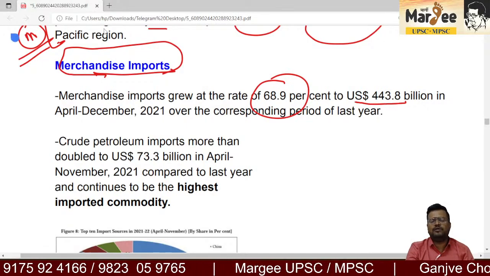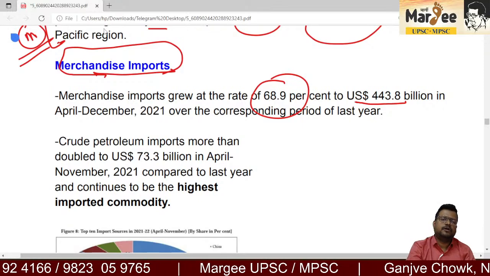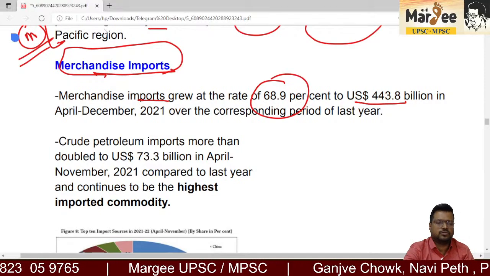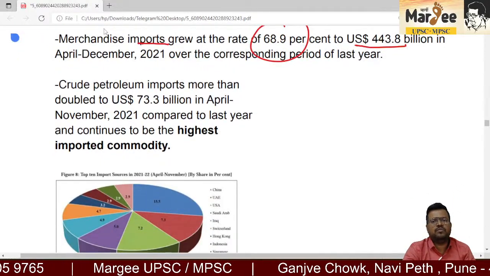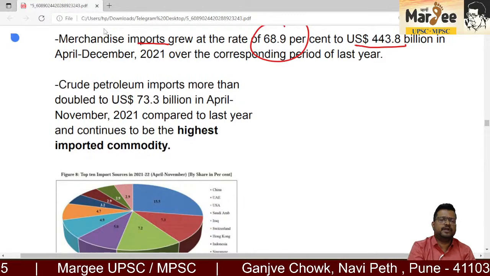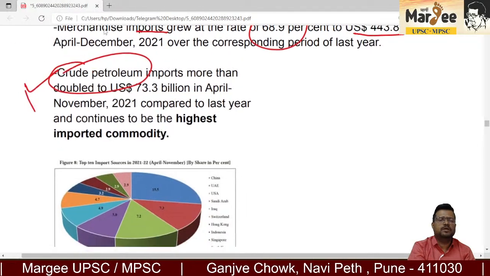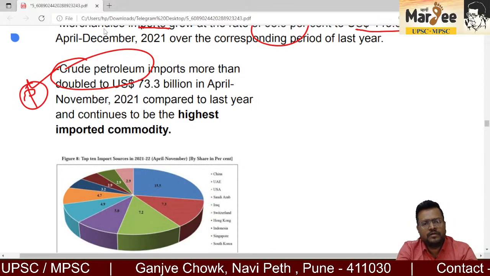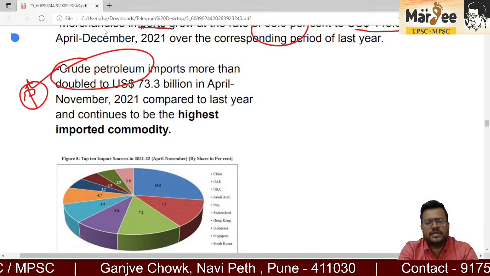You don't have to remember this fact, but we are now witnessing improvement in merchandise imports also. What is the most imported item in the context of India? That is crude petroleum. Crude petroleum is the most imported item from the perspective of India. This is the highest imported commodity.